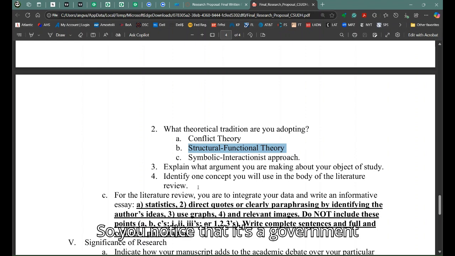So you notice that the DMV is a government agency. It has rules and regulations on the proper procedure of how to drive legally in the state of California, and then it tests your base knowledge of driving laws of California, and then you provide the understanding by doing the driving test. And if you successfully accomplish those parts, then you are granted a driver's license by the state of California.